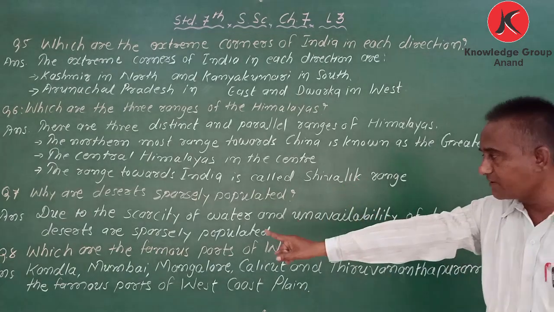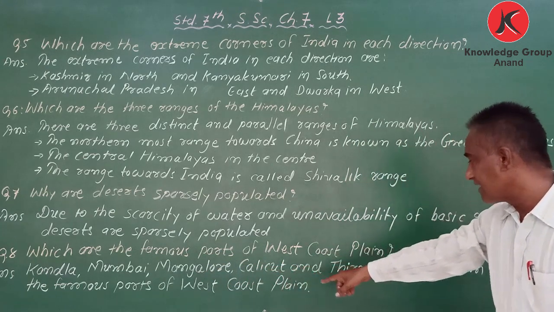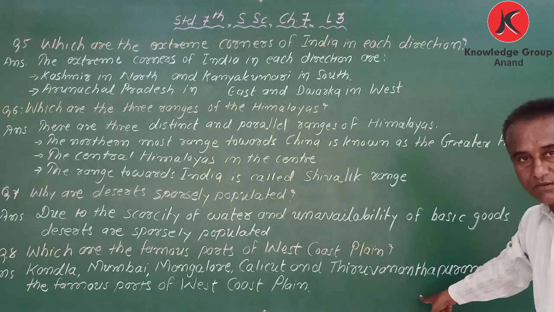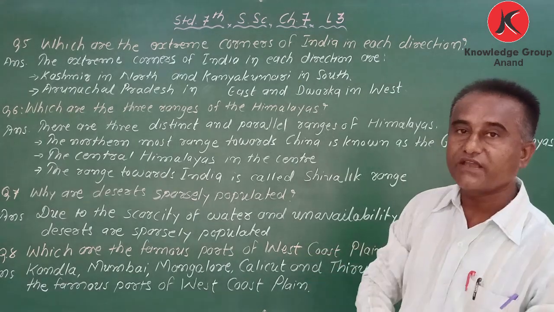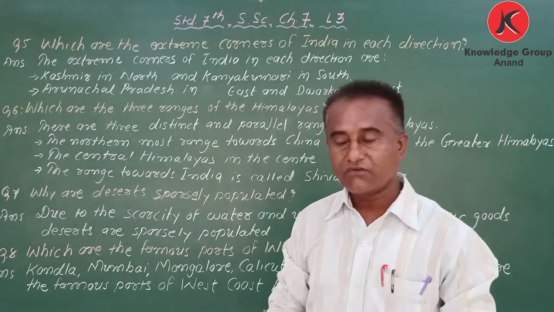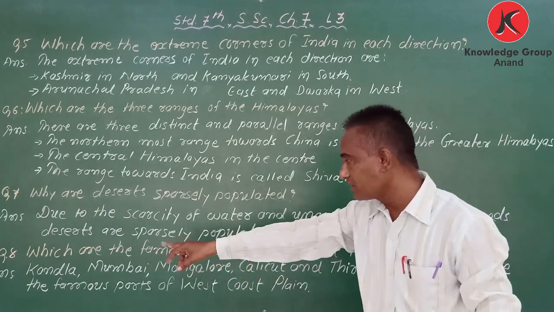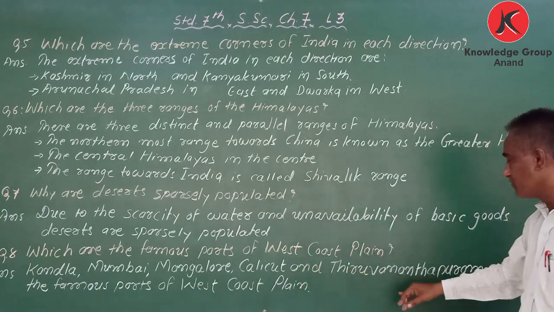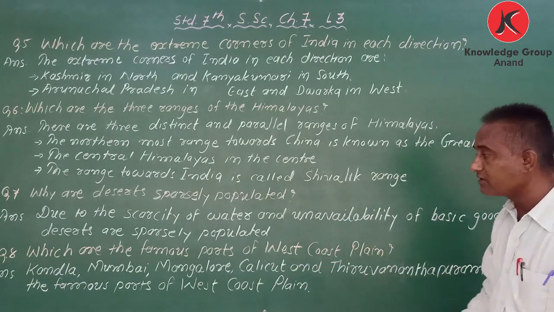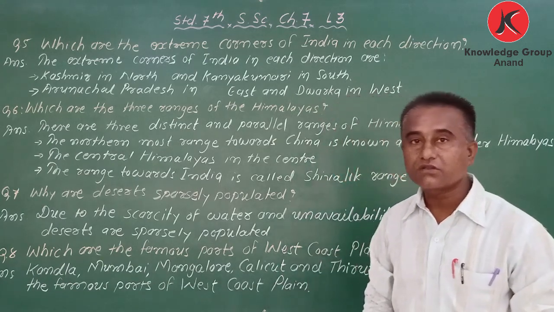Once again I repeat: Kandla, Mumbai, Mangalore, Calicut, and Thiruvananthapuram are the famous spots of the West Coast Plain.